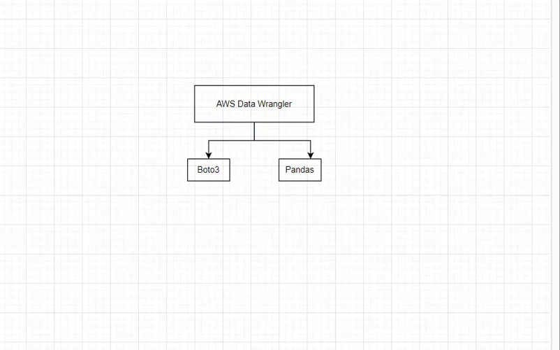Now, let's say I'm running my code inside my Jupyter notebook, and there I'm using Boto3 to create a session or to connect to any one of the services like S3 or EC2. Now, how do I install this Data Wrangler in my Jupyter notebook?